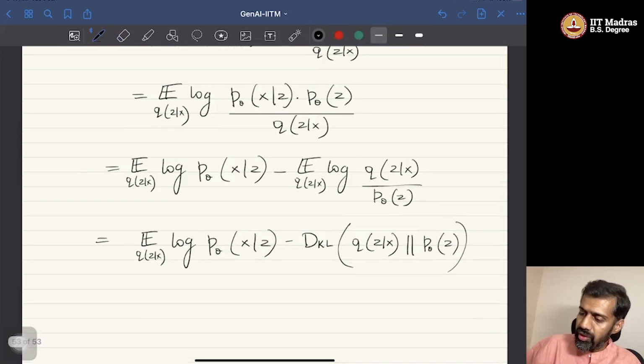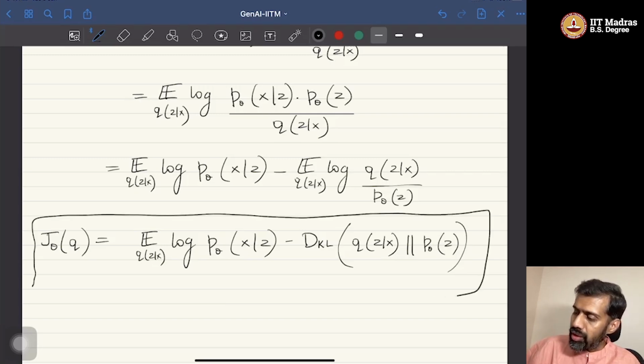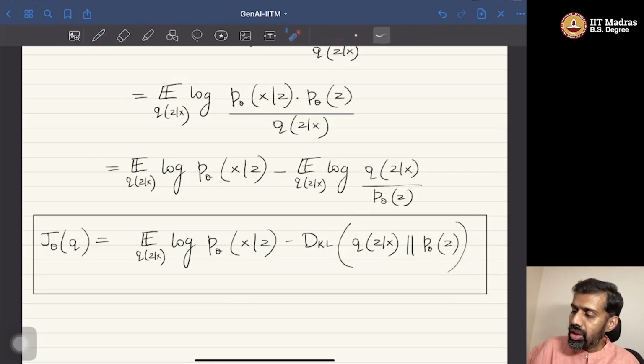So now what did we do? The objective function that has to be optimized is now written in a form with two terms. The first term is an expectation of the conditional distribution of data given the latent variable. The second term is a KL divergence between q of z given x and p theta of z.